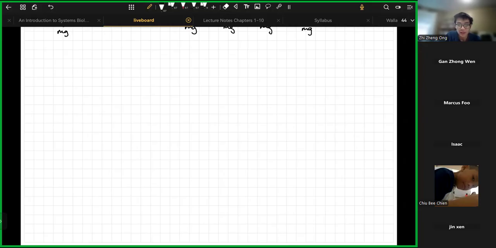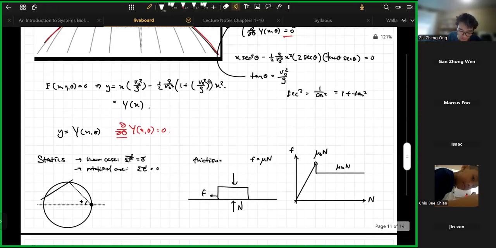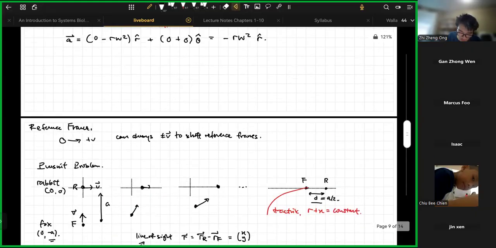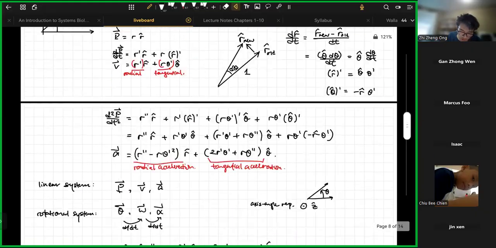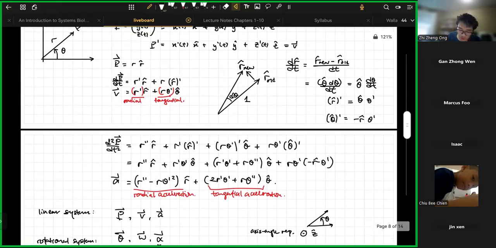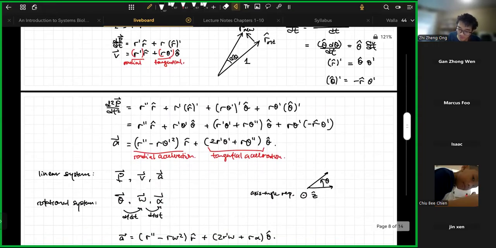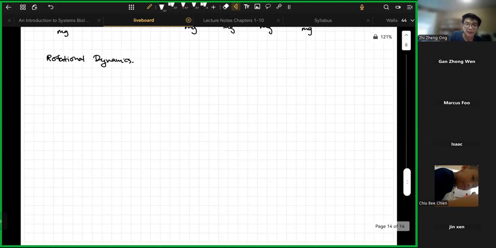Rotations. So now we talk about rotational dynamics, which is a little bit funky. Recall last time when we talked about kinematics, we used the right hand rule to define the direction of angular acceleration, angular velocity, and related objects.